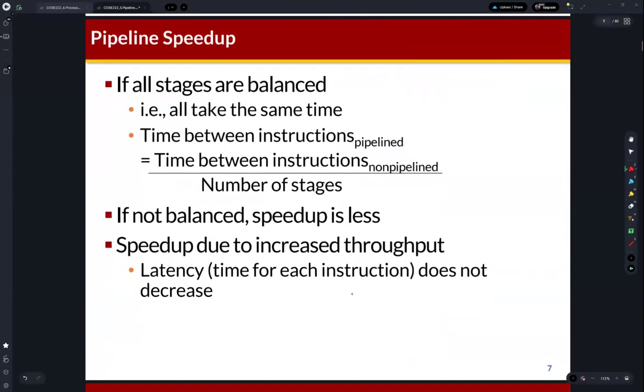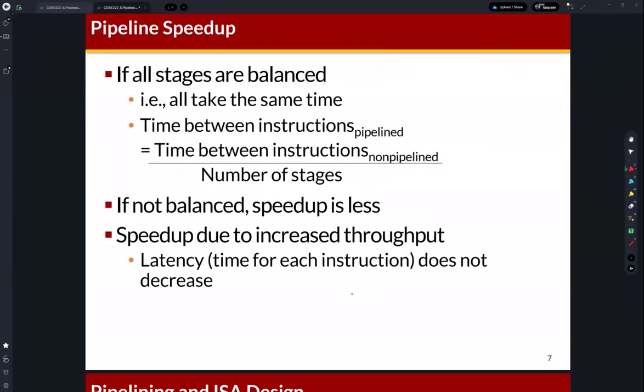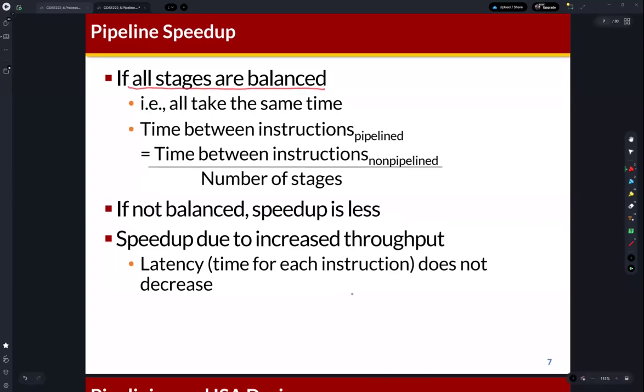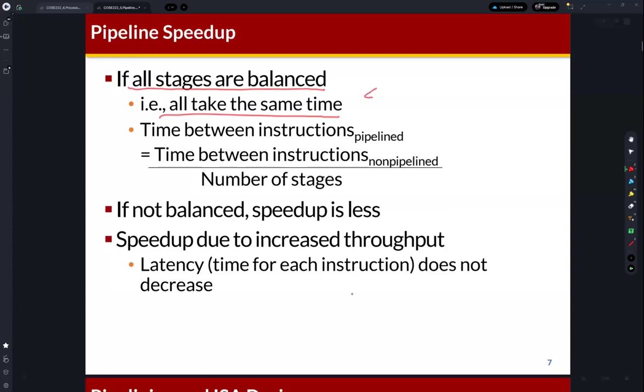Pipeline speed up, if all stages are balanced, which means the delay of all stages is the same, takes the same time, then the speed up by pipeline is similar to the number of stages.